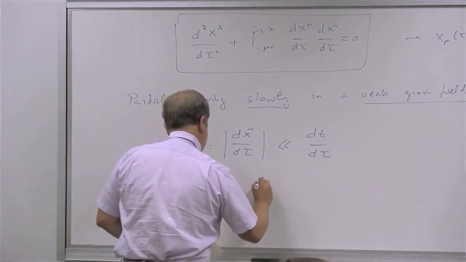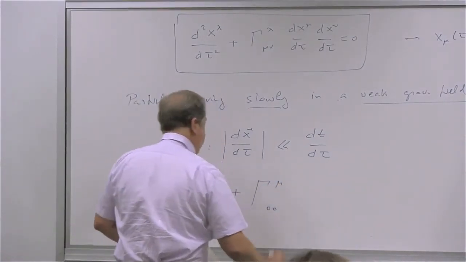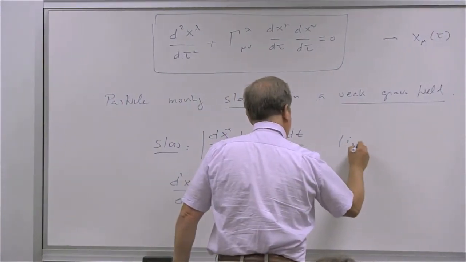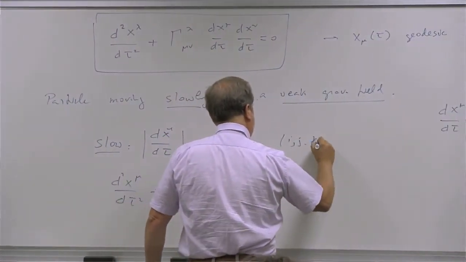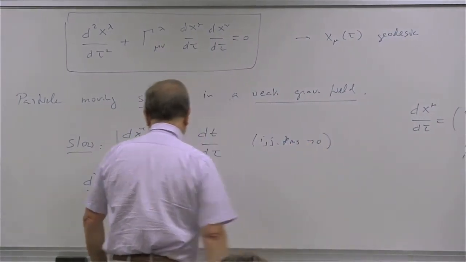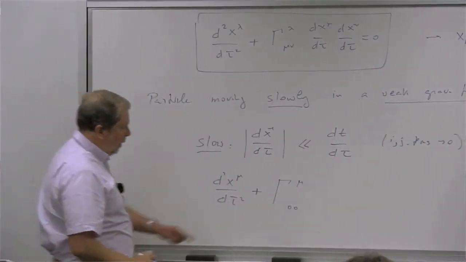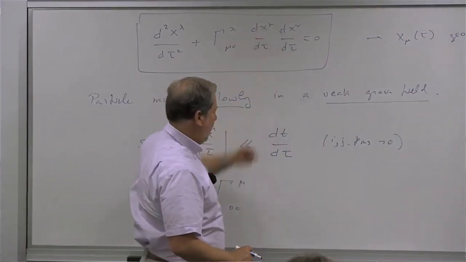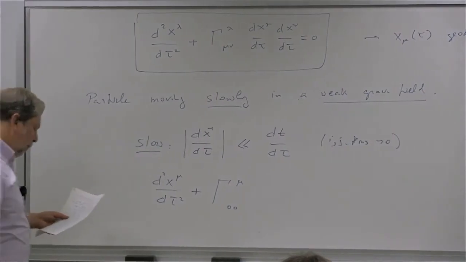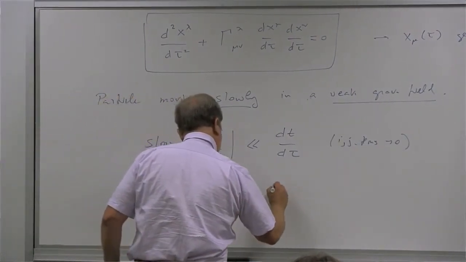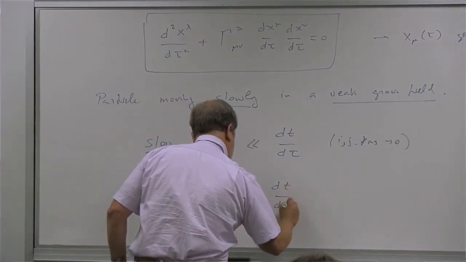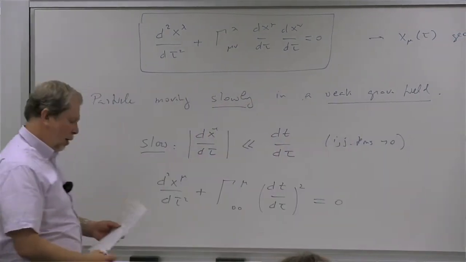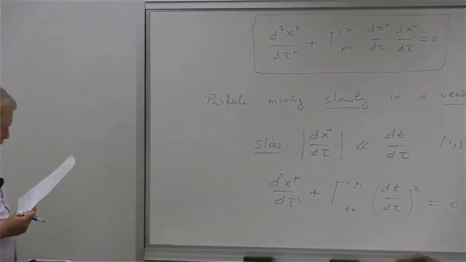So plus gamma mu naught naught, right? So the ij terms go to 0. The naught component is multiplied by dx naught by d tau and dx naught by d tau again, so dt by d tau squared, and this is approximately equal to 0 for a particle that is moving slowly.